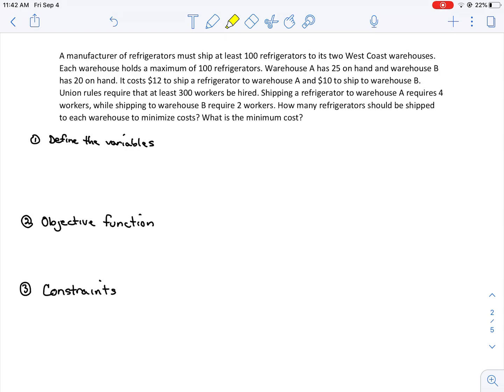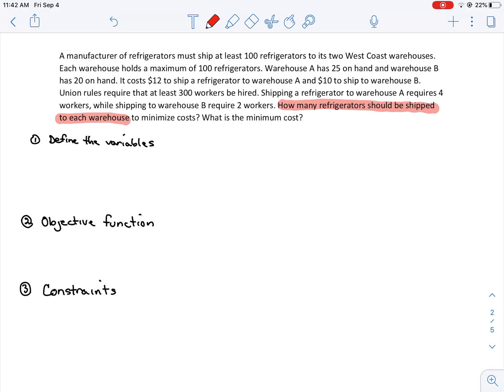Welcome back. I will start by defining the variables. I'm going to highlight part of the second to last sentence here. It states how many refrigerators should be shipped to each warehouse.